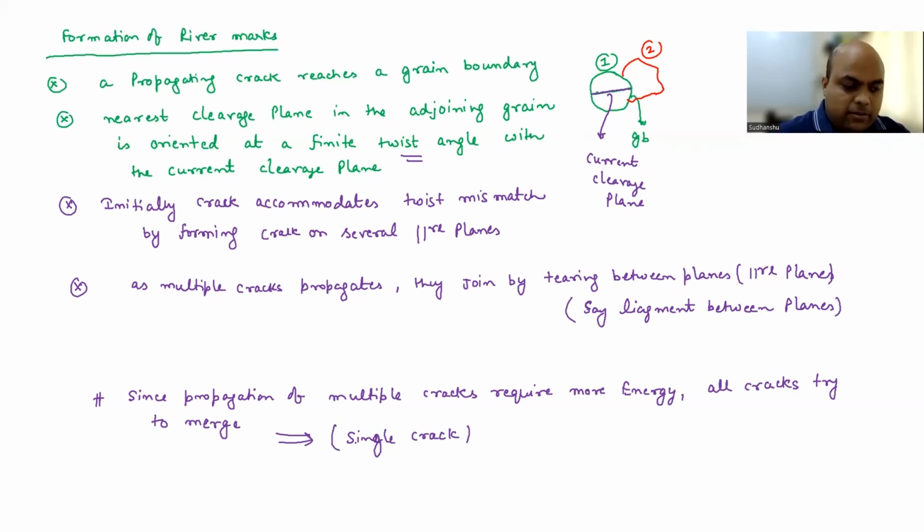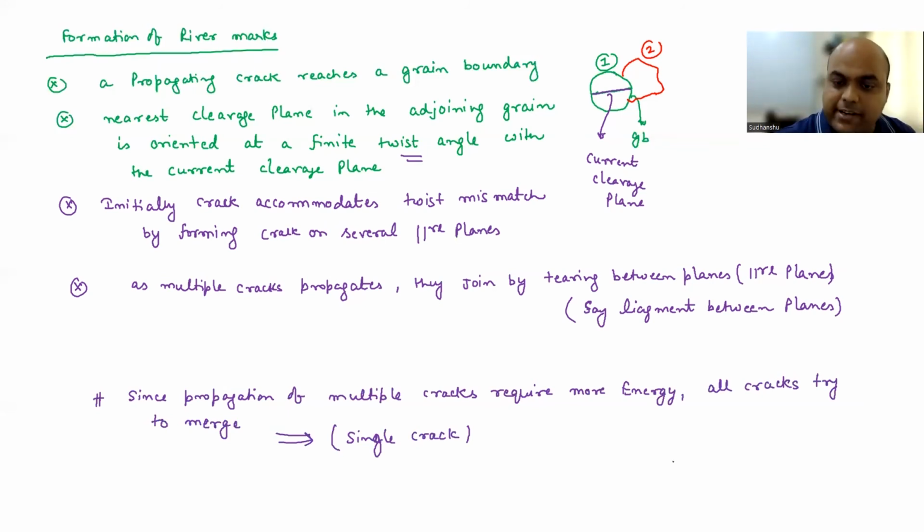Okay, now let me draw the schematic so that you can understand better. So overall, now you know, right? You have a crack, a cleavage crack. It reaches the grain boundary. Then on the parallel cleavage planes on the other grain, which is number 2 here, you form multiple cracks. And then they grow by tearing the ligament between those cracks. And finally, they merge together.